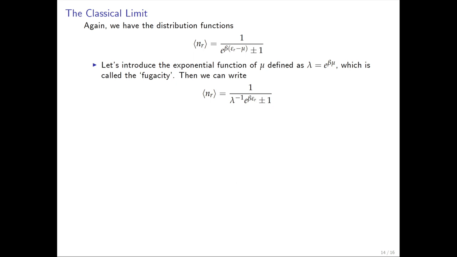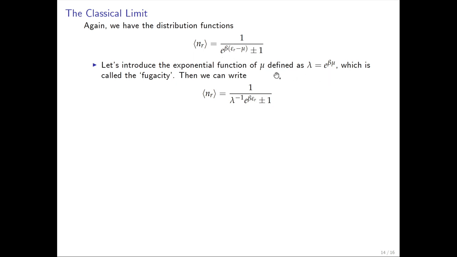So we can get a better idea of this by looking at, we'll introduce a new concept here. Once again, we have the distribution functions given by this formula, plus for fermions, minus for bosons. So let's introduce an exponential function of the chemical potential. We'll call it lambda. Lambda equals e to the beta mu. If we do that, we can pull out inverse lambda, lambda to the minus 1, or 1 over lambda.